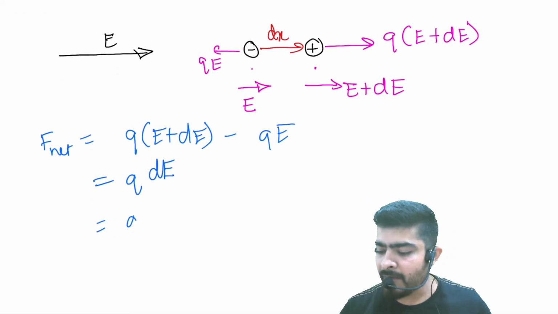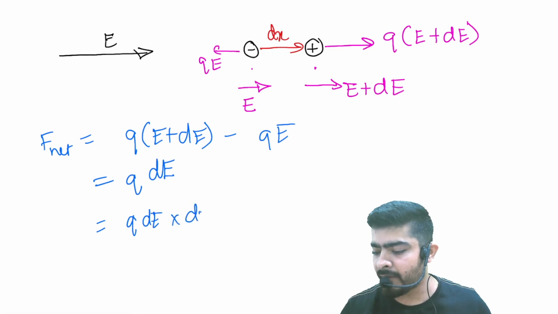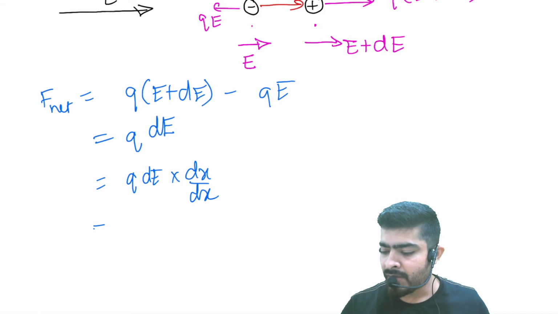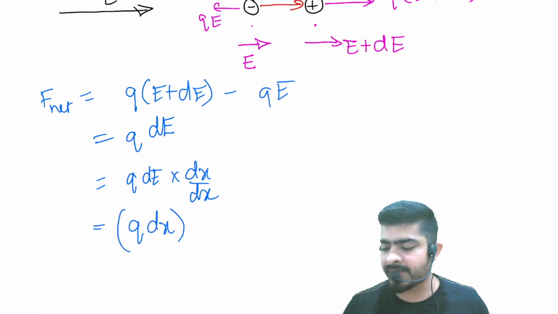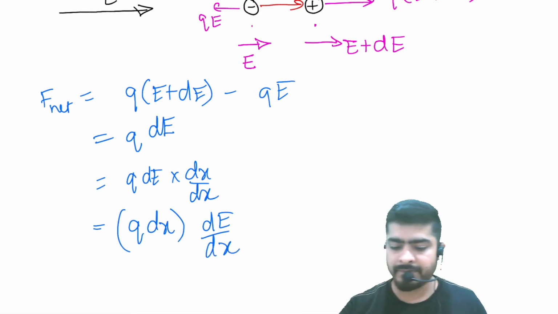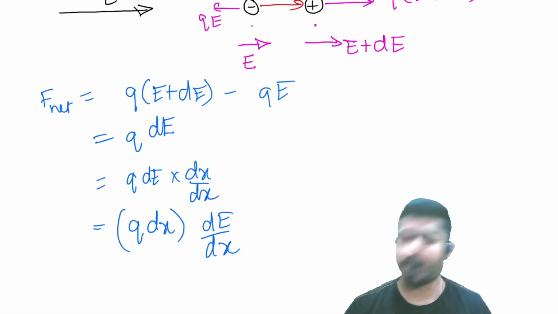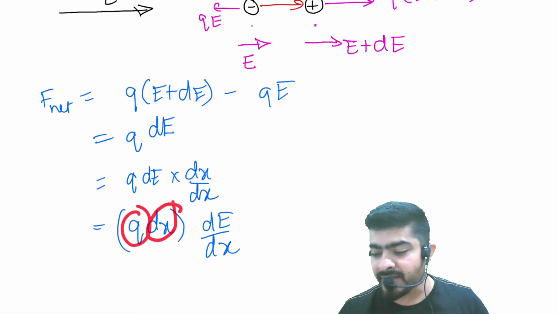So what if I multiply and divide by dx? It doesn't make any difference, right? So I can now combine them together. So Q dx is on one side, then on the other side I get dE by dx. So what is Q dx equal to? Charge into distance between the charges.